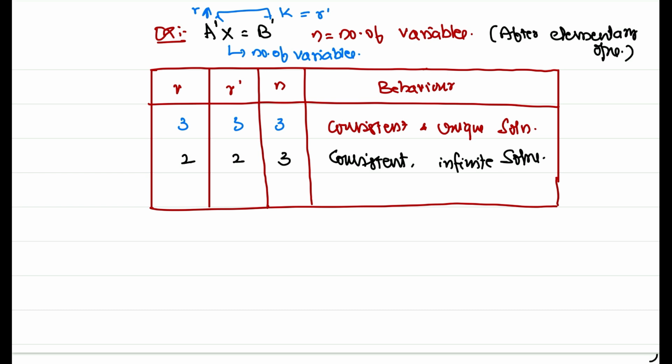Then, the coefficient matrix has a rank of 2. The augmented matrix has a rank of 3. Then, irrespective of the number of variables, let us say the number of variables is not changing, it is 3. Then, the equations are inconsistent.